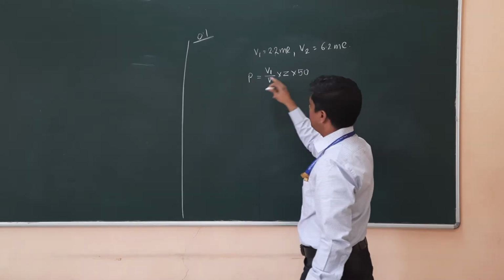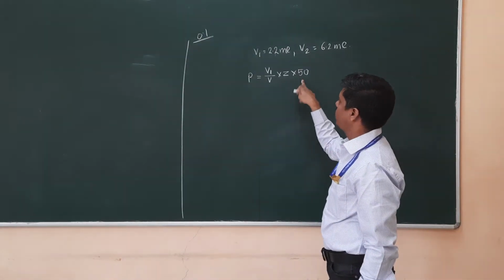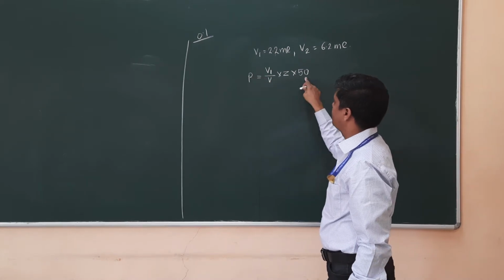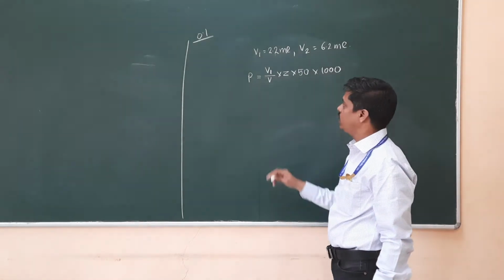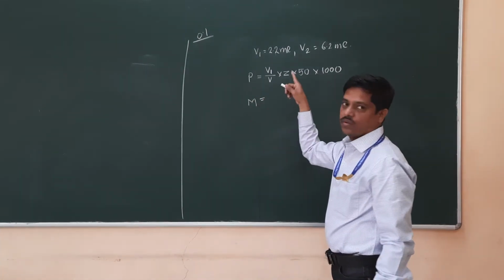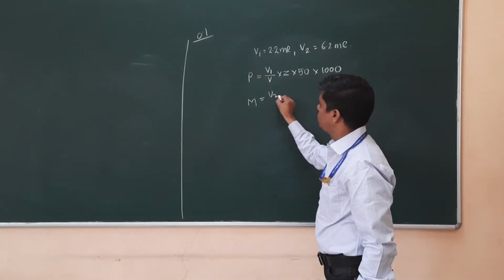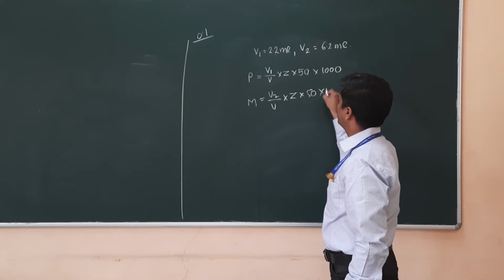This time it's normality, not molarity, normality of HCl. We have studied this formula in the theory also. And M is methyl orange alkalinity, and the formula is V2 upon V into N into 50 into 1000.